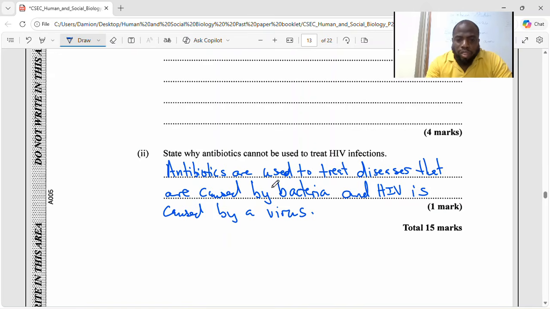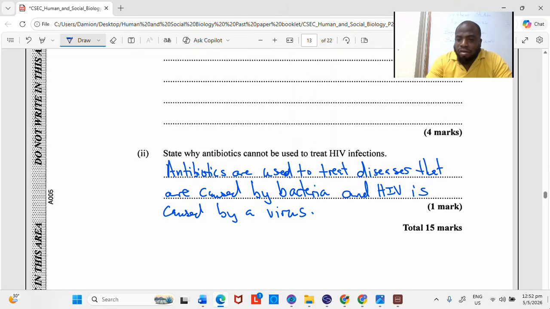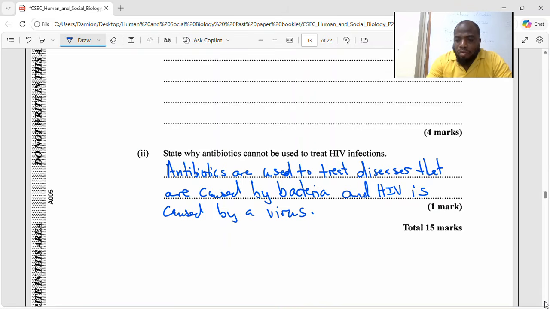So the antiretroviral drug would have been what we need.